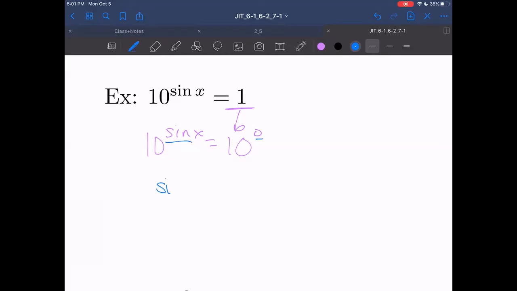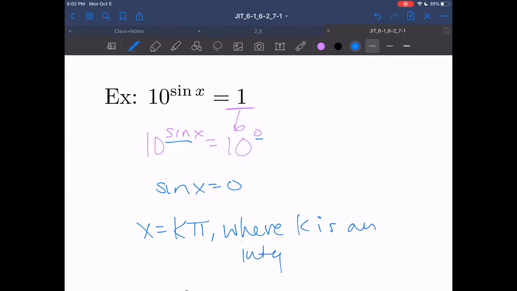So sine of x is equal to 0. So what x makes sine of x equal to 0? Well, any k times pi, where k is an integer.